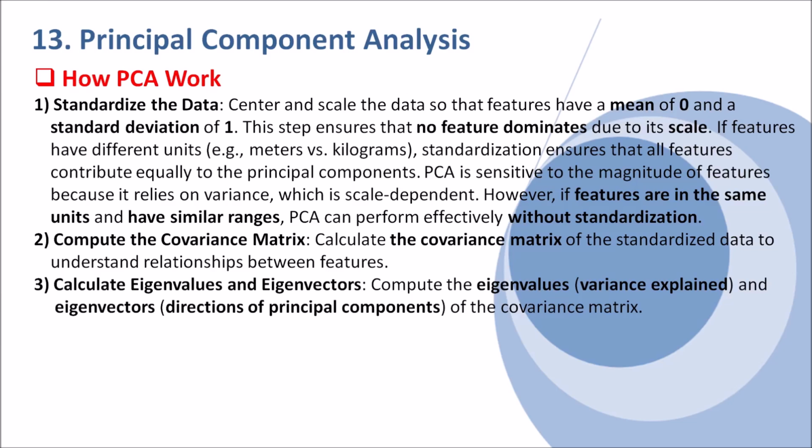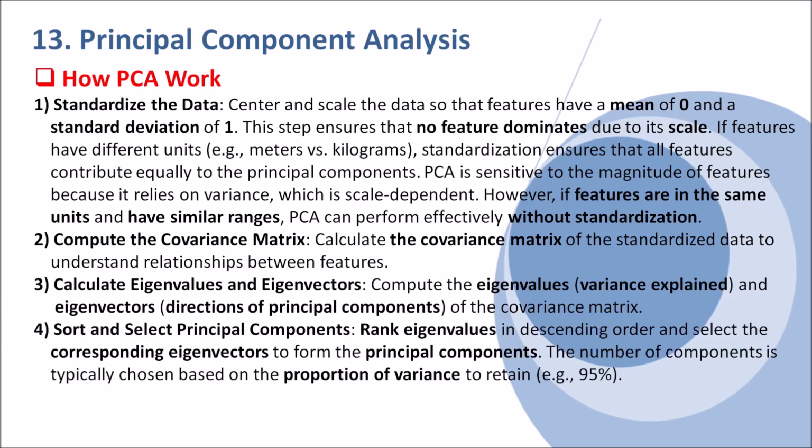Step 3, calculate the eigenvalues and the eigenvectors. Compute the eigenvalues and the eigenvectors of the covariance matrix. Actually, eigenvalues explain the variances and the eigenvectors explain the direction of the principal components. Later we will see this.